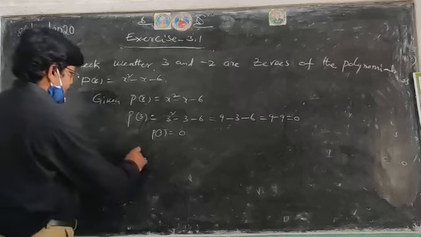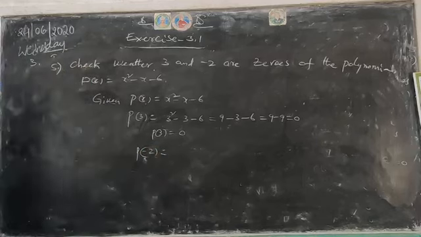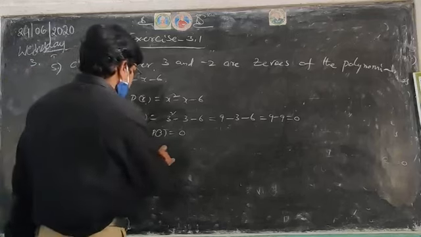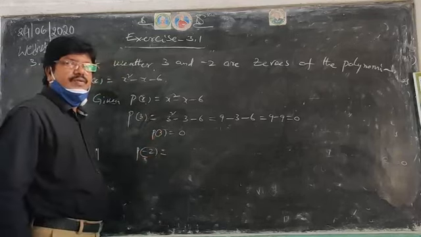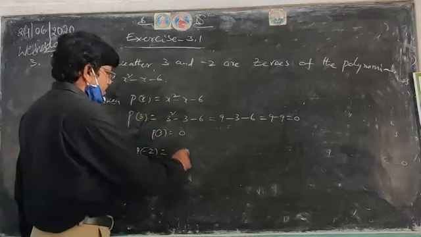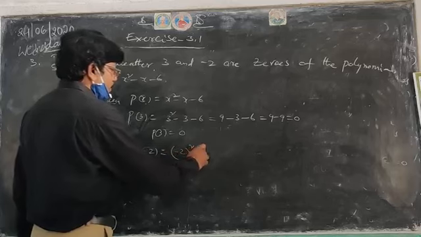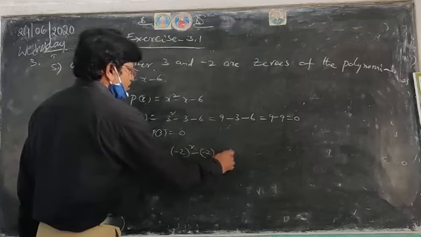And again P of minus 2, find. Substitute minus 2 instead of x in the given polynomial: minus 2 whole square, minus into minus of 2, minus 6.